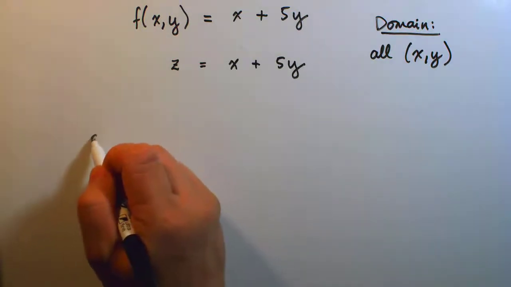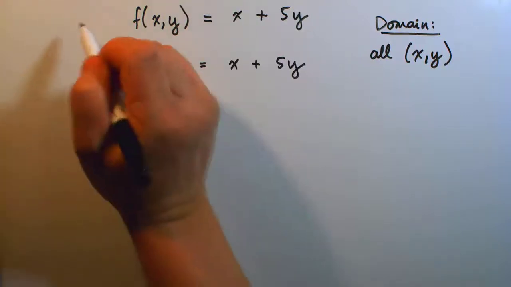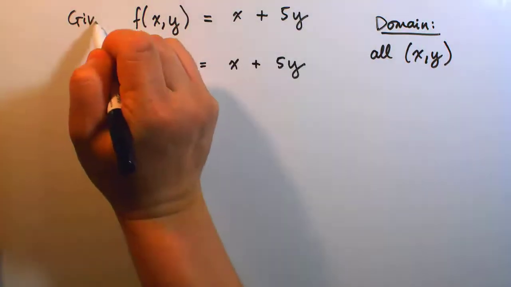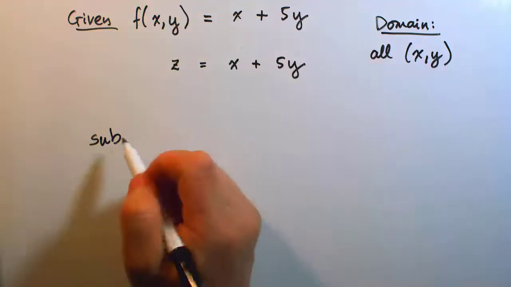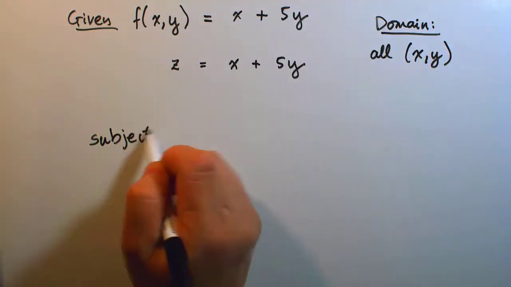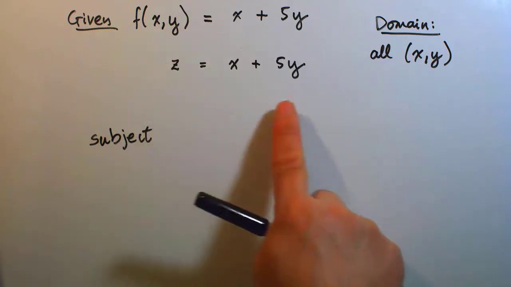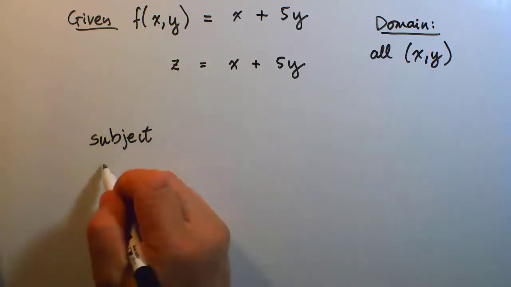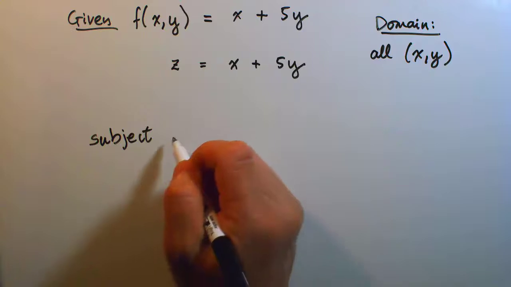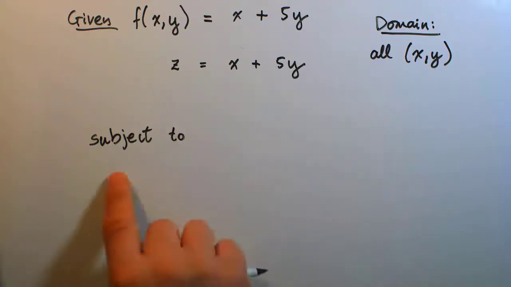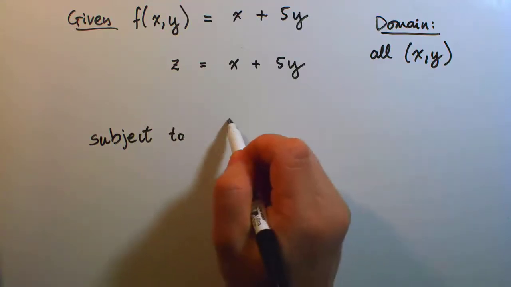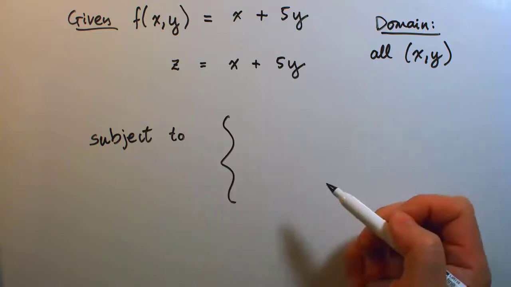Formally speaking, a lot of the time once the function is given, your problem comes with a description such as: here's your linear function in two variables, but it comes with a description saying your function here is subject to, and then it comes with a few inequalities.